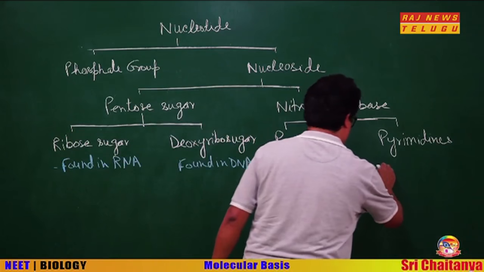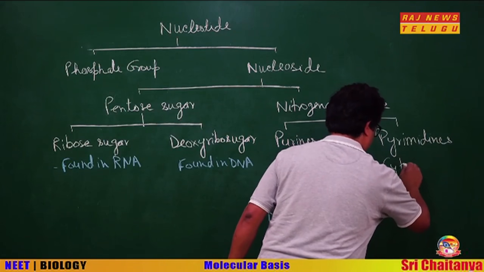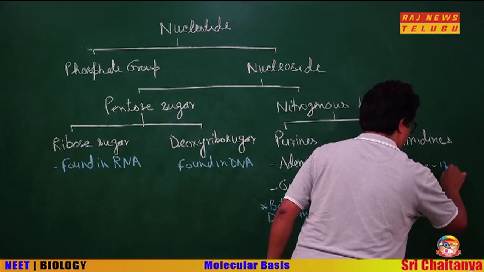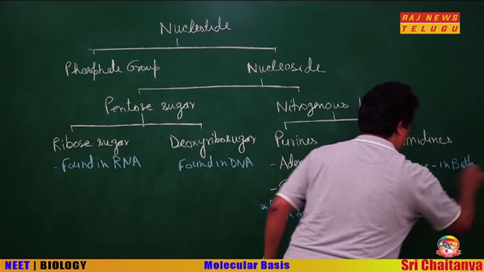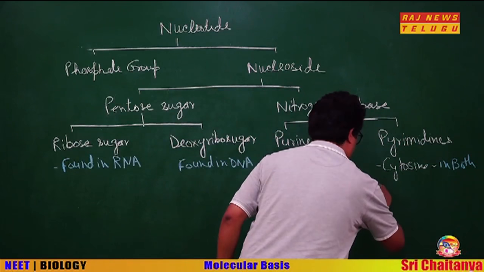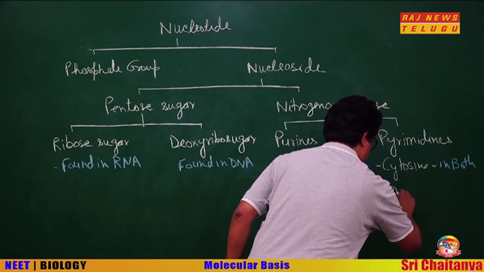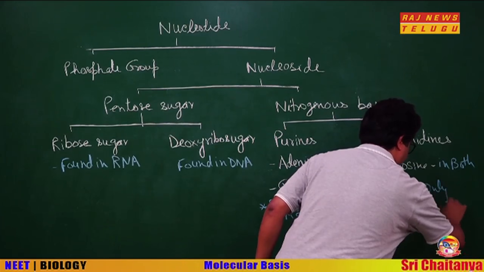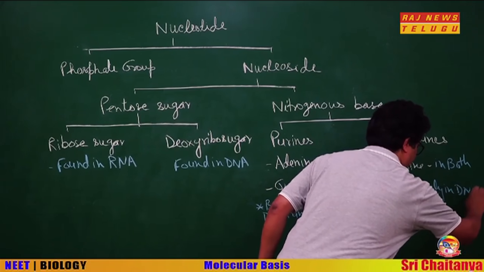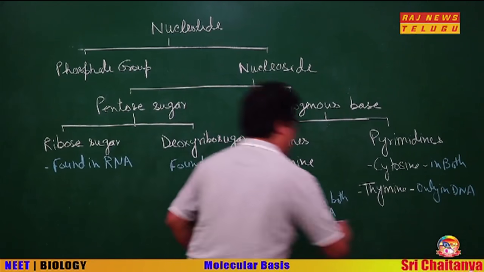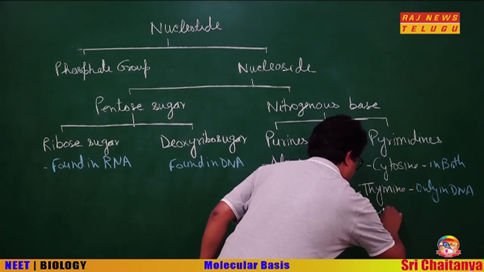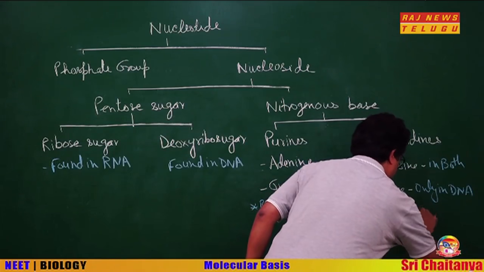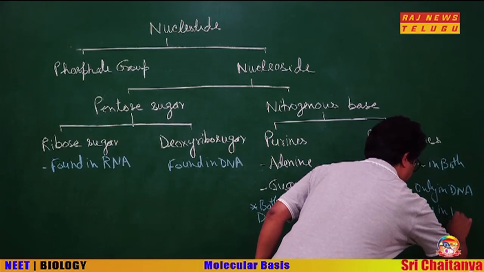Pyrimidines are of three types: cytosine in both, thymine only in DNA, and uracil only in RNA.